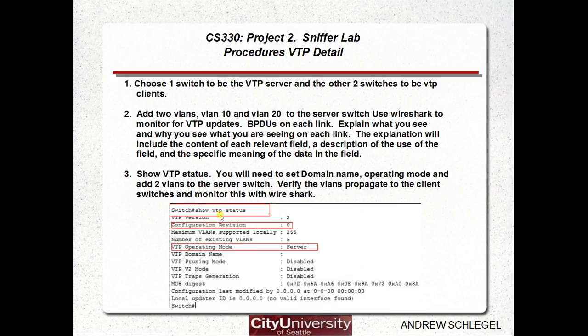If you go in here and do show VTP status, you're going to see the information about VTP on this switch. What you really need to set is a domain name and operating mode. And then you're also going to have to add 2 VLANs, VLAN 10 and 20.